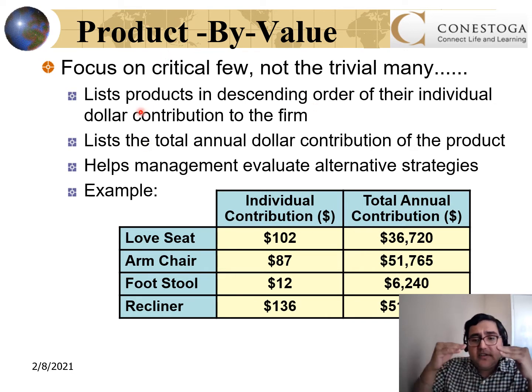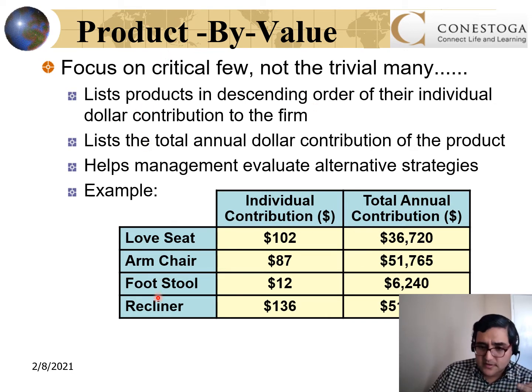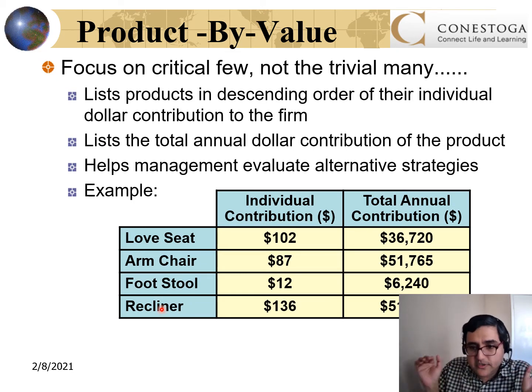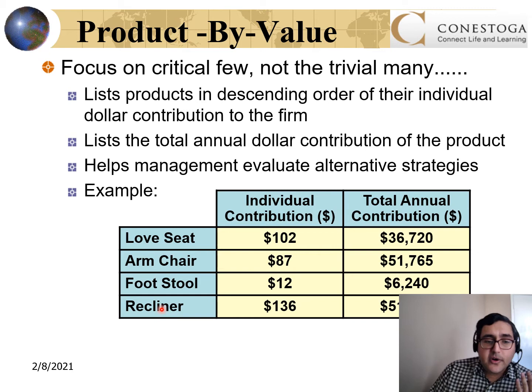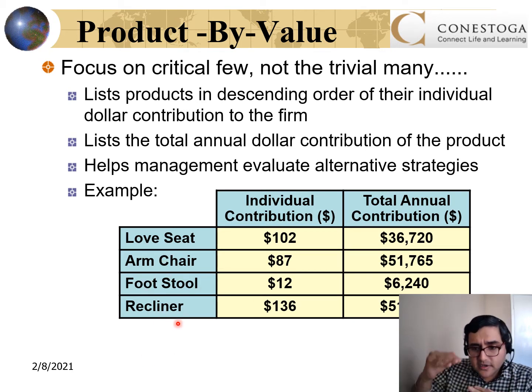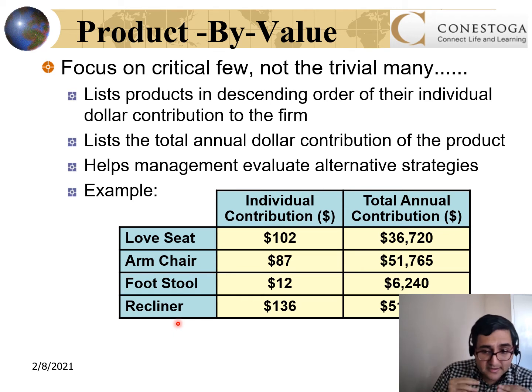What we do is, this is the example of a company which manufactures different types of furniture. It has different categories, say love seat or armchair, recliner. There are different categories of products that it can make. So it's important to first list down the products in the descending order of the individual contribution.